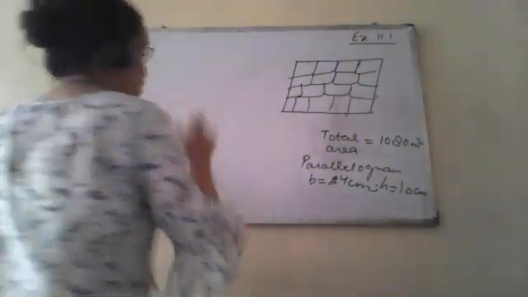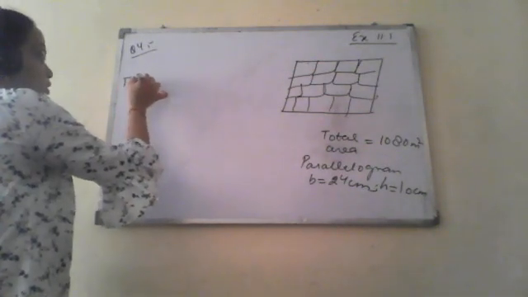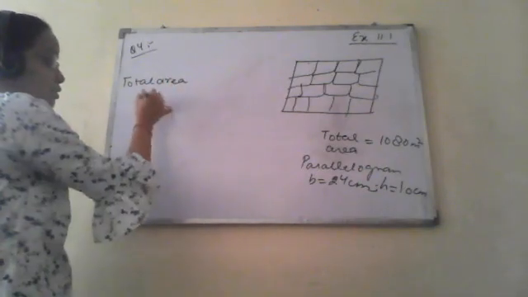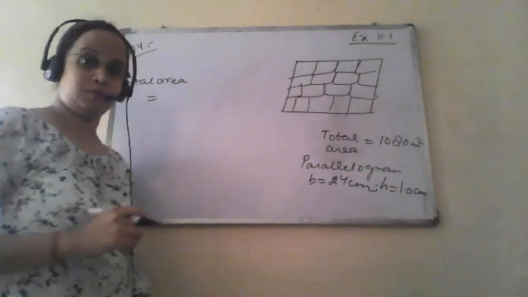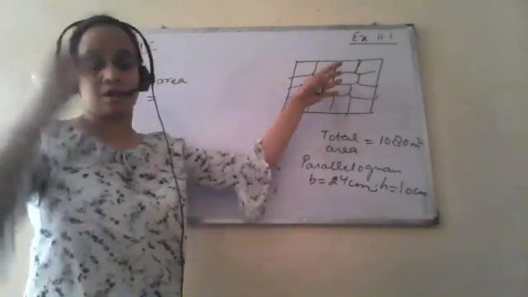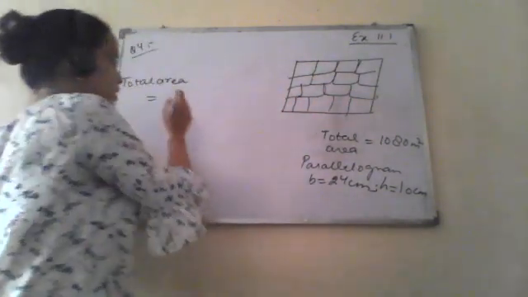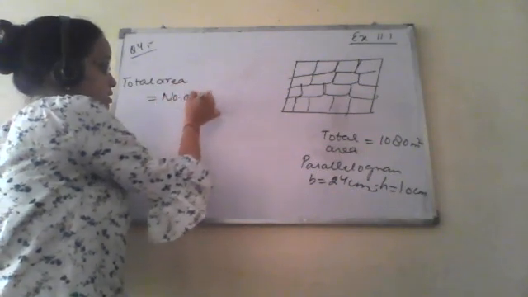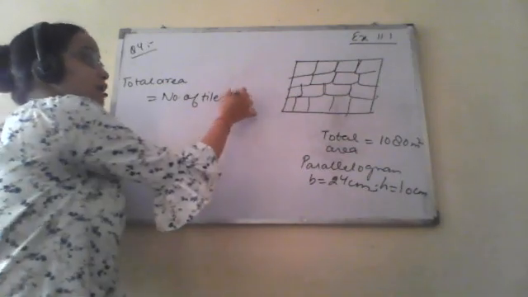Now, the total area. What is the total area? It depends on how many tiles there are and what the area of one tile is. So total area will be equal to number of tiles multiplied by area of one tile.